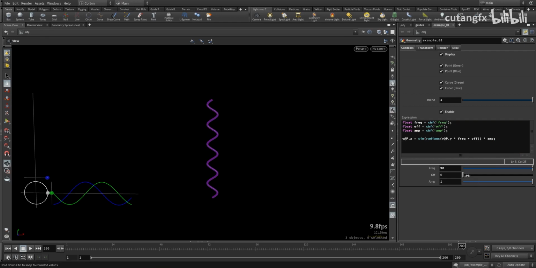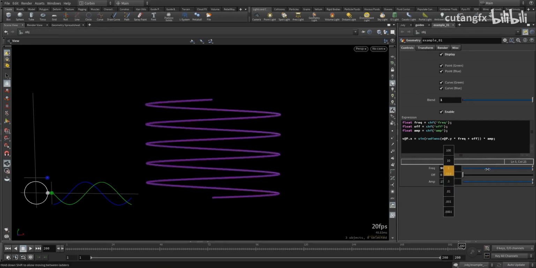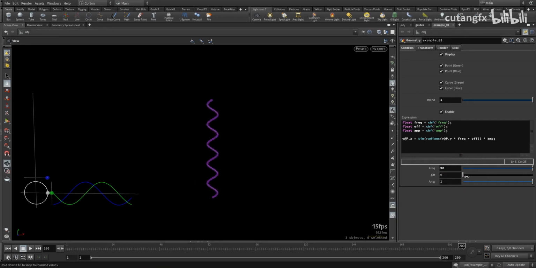Okay, so now I can create a sine wave, but in 3D, I can control the frequency, I can control the offset of this wave, and I can control the amplitude of it, right?